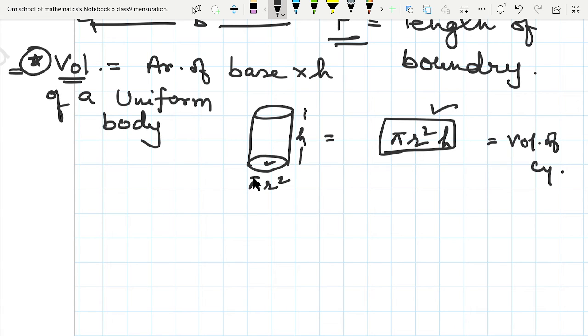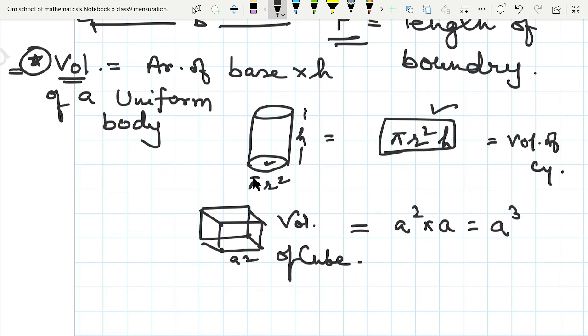Suppose we are talking about some cube. Cube has a square base. If you multiply this square base with the height, which is also of the same side, this will be the volume of the cube. Similarly, volume of cuboid.